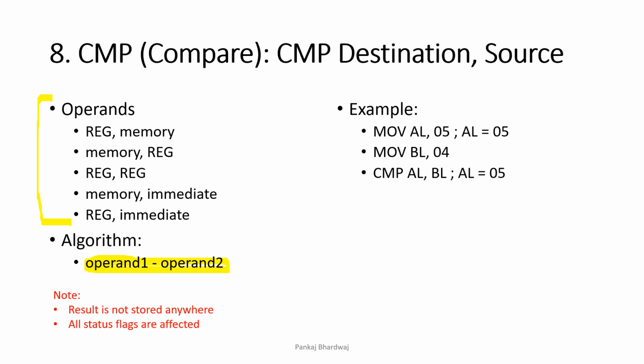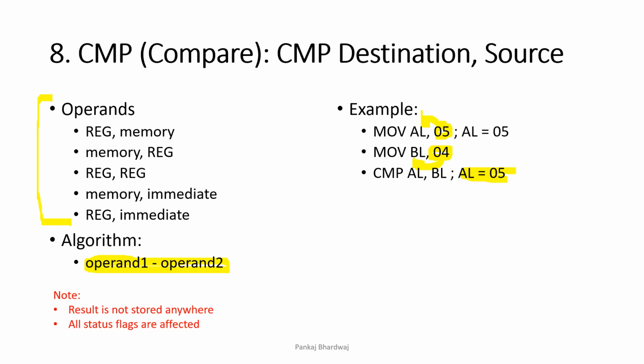We are only focusing on the result, whether it is positive or negative or same. So for example, AL will have 05 and BL will be 04, and if we compare AL with BL, then AL will be 05, BL will be 04. There is no change.